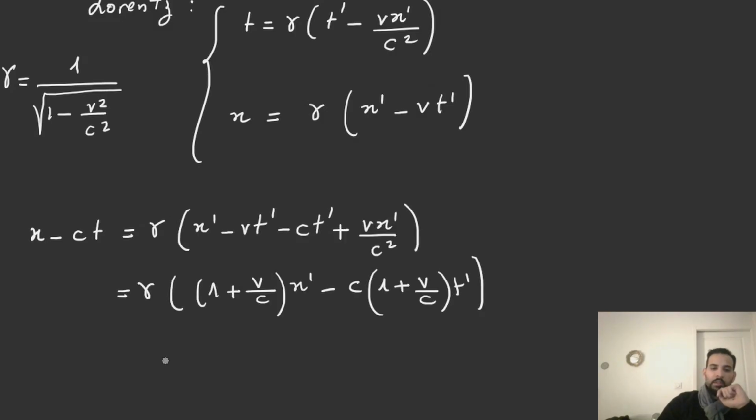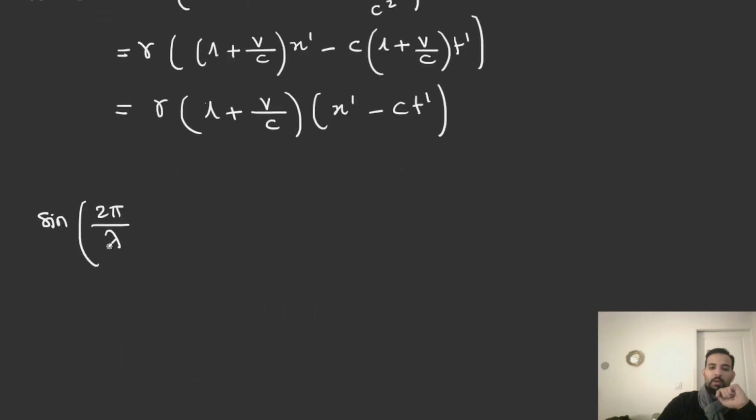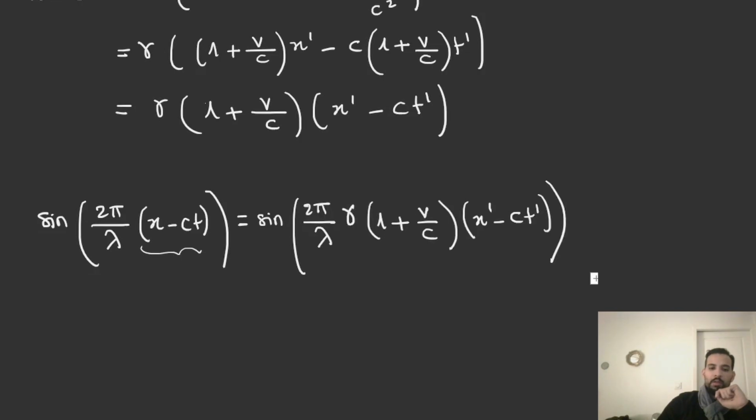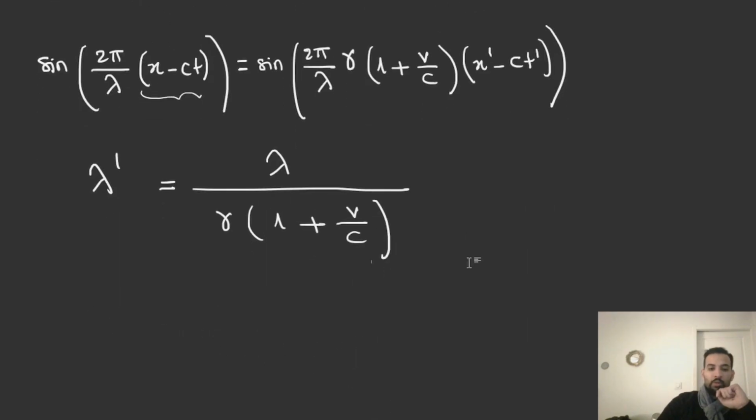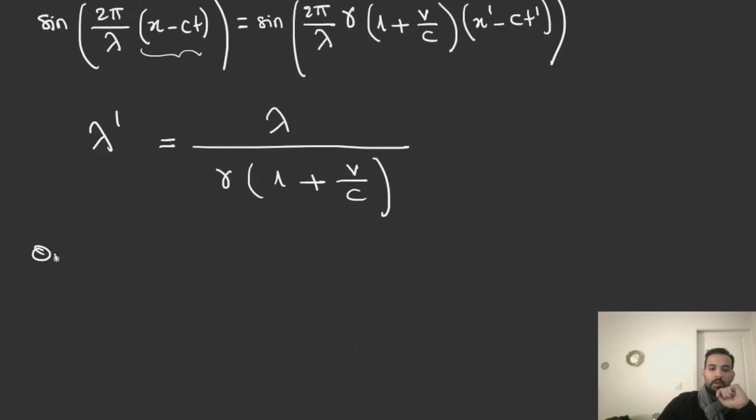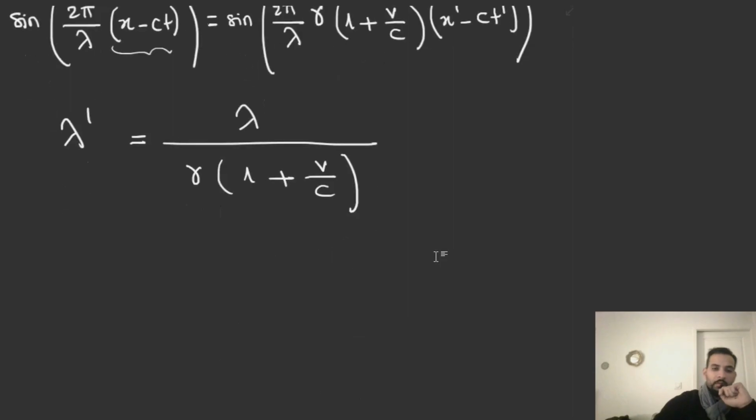By applying this transformation to the sinusoidal function, we obtain a new relation for the wavelength in the moving frame of reference. For the blue photon, this wavelength λ_b′ is equal to λ/(γ(1 + v/c)), with γ the Lorentz relativistic factor.